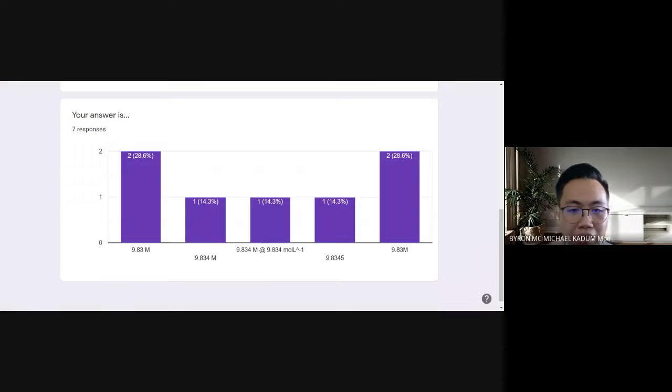So these are the answers from all of the teams. And yes, this is the correct answer. Congratulations, everyone. You have got the correct answers for the group work exercises.